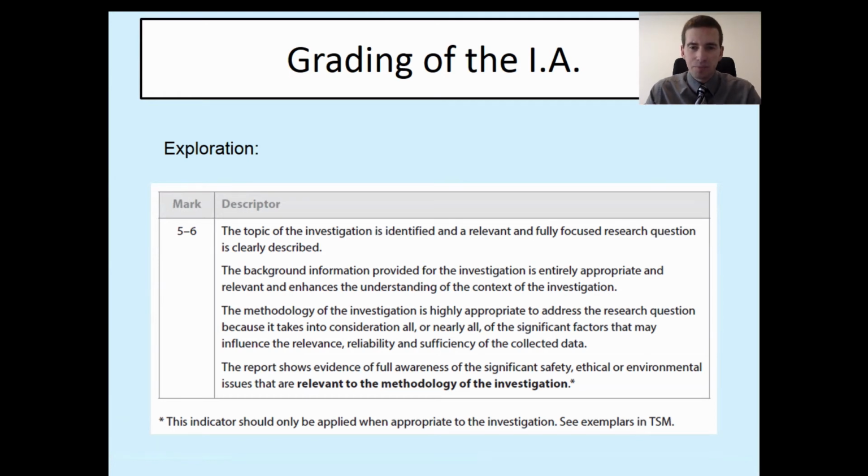You can see here, you need to have taken into consideration the significant factors that influence the reliability of your results. If you identify, for instance, the variables you need to control beforehand and you write them down, you're more likely to develop a method which addresses those issues.